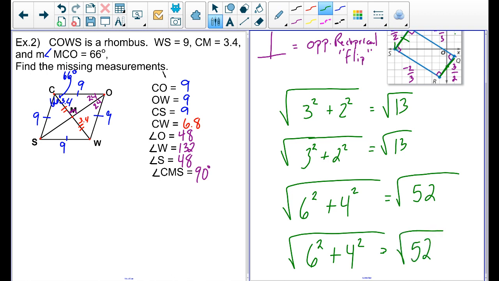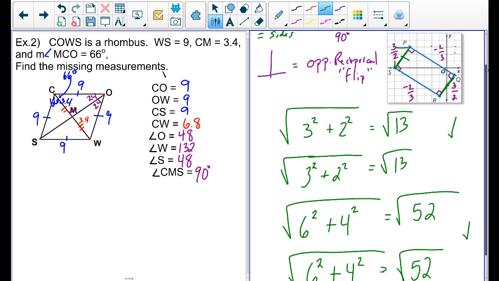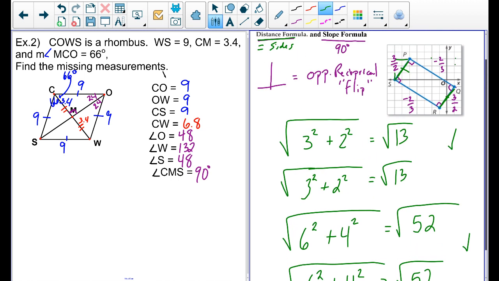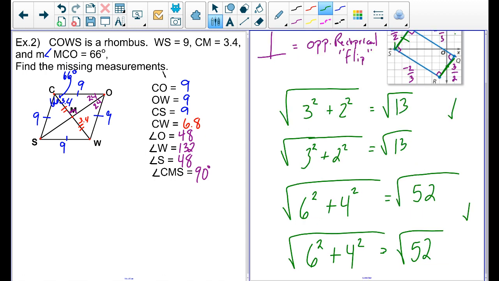So we can see opposite sides congruent, opposite sides congruent. The slopes are opposite reciprocals, so that means my angles are all 90 degrees, and it proves that it's a rectangle. Okay? Questions on that?